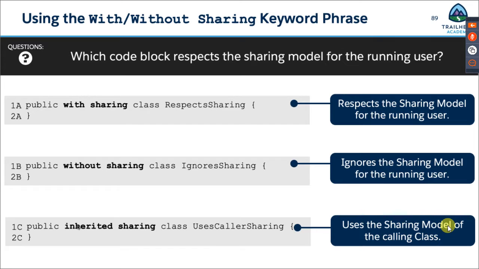You're going to use inherited sharing, which means: I know with or without sharing, don't tell me, I know that. But in this particular case, I wasn't sure if I wanted to use it or not, because if I come from this side, I do, and if I come from this side, I don't. So I'm going to use inherited sharing, because none of your classes should be without any of these words.